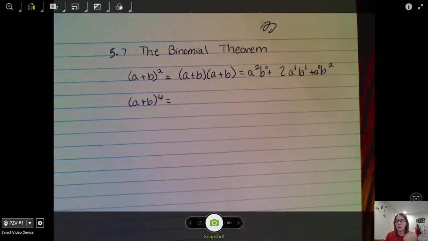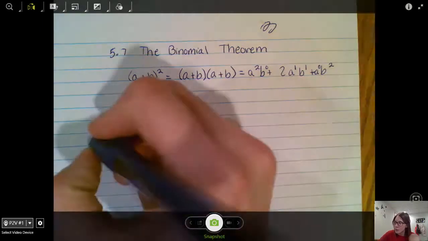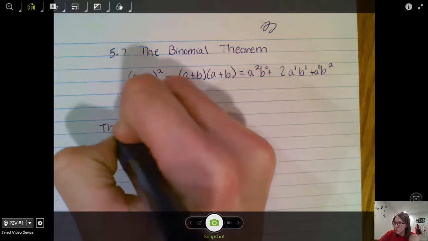Our binomial theorem gives us a much nicer, easier, shorter way of doing that, where we have a lot less room for error than if we actually were to multiply all that out. Here's what the binomial theorem says.